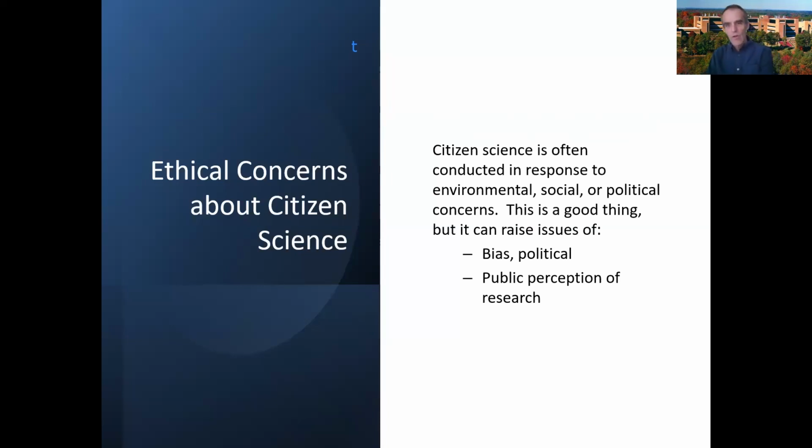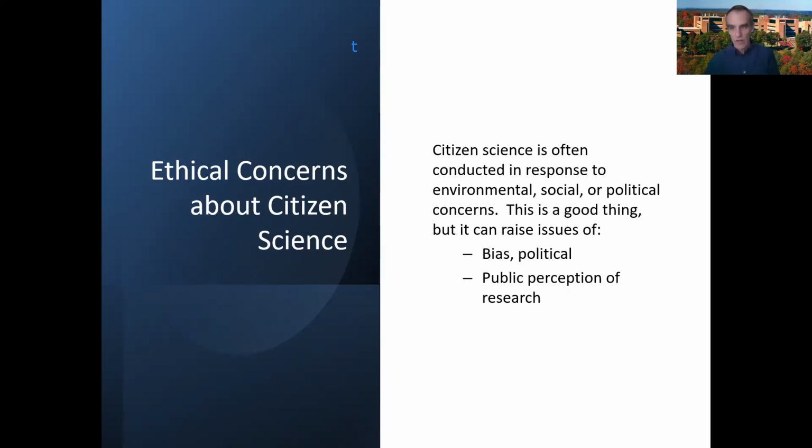There's also a concern, I think, and I've seen this particularly with some environmental health research that I've looked at, where citizen science is sometimes conducted in response to environmental, social, or political concerns. And this can be a very good thing, right? It gets people motivated and interested.